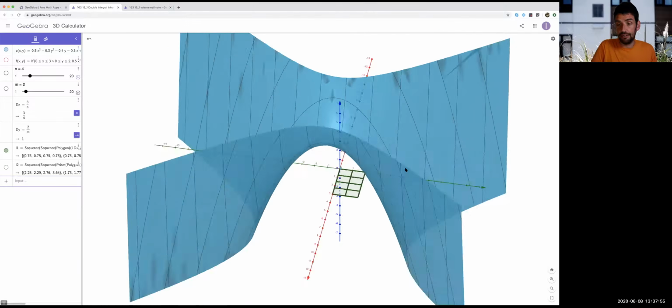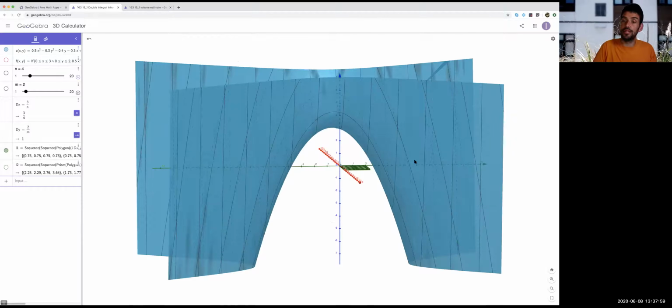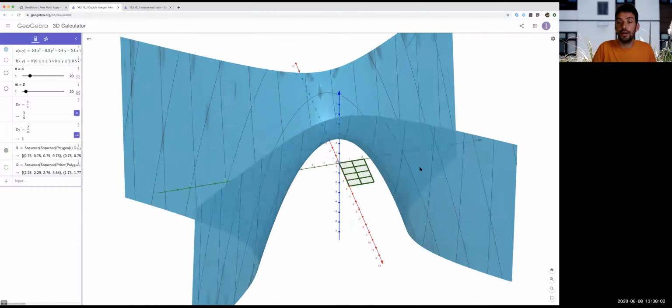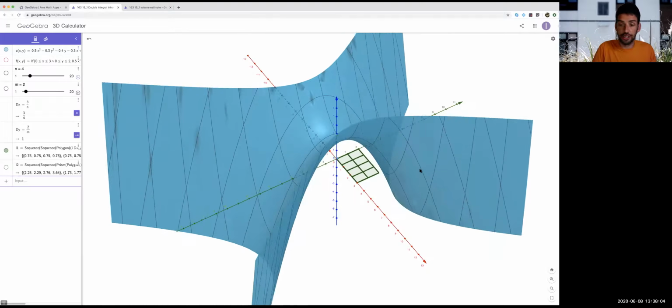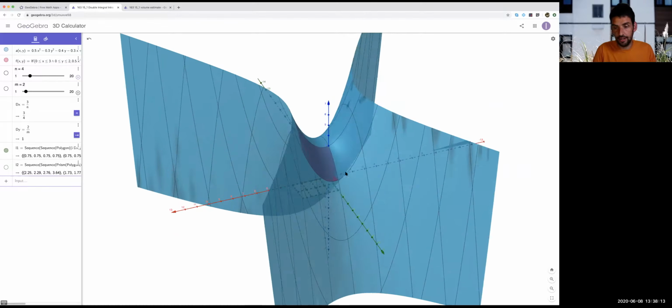So if I want the volume between the XY plane and this surface over this region, in other words, now if I look at my graph, only a portion of it lies above that little region.